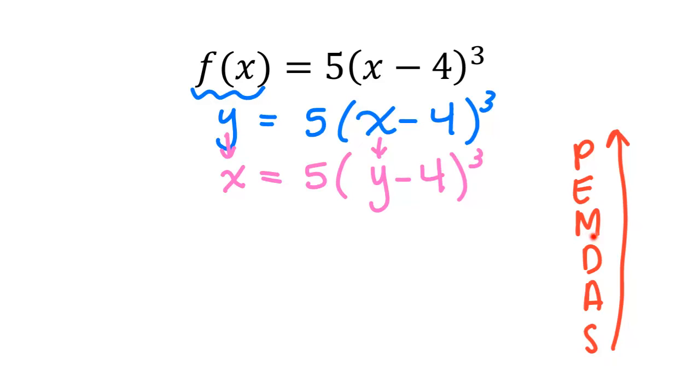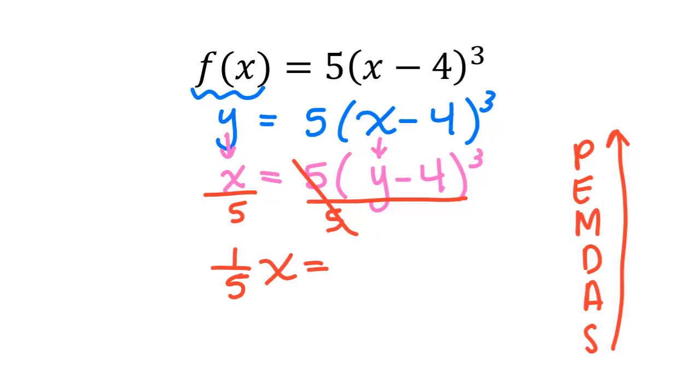So I have to get rid of the multiplication. What is the inverse of multiplication? Division. So divide both sides by 5. And then the 5's cancel. And I'm left with x over 5, which is really 1/5 x equals y minus 4 to the third.